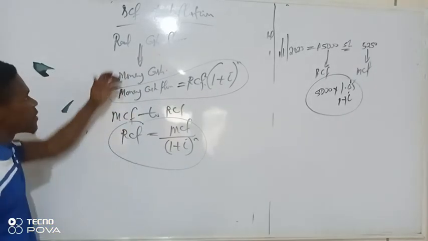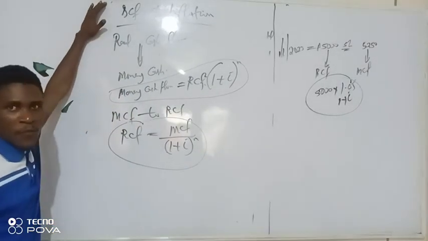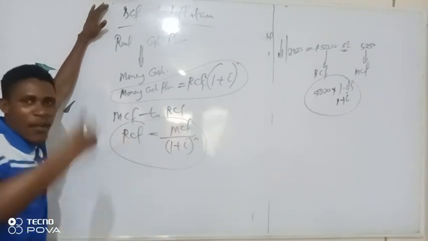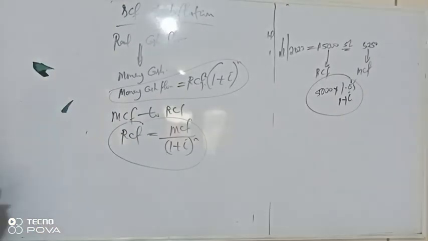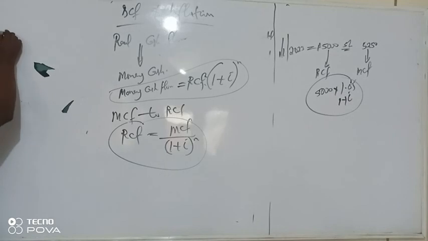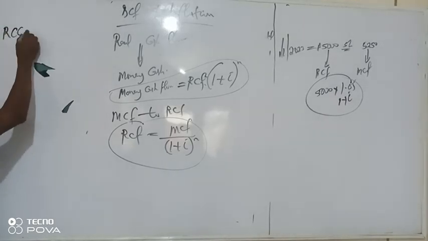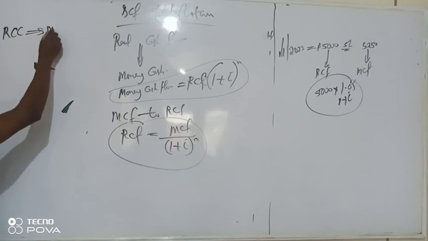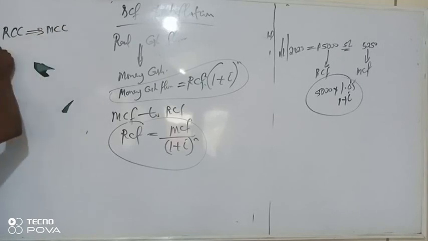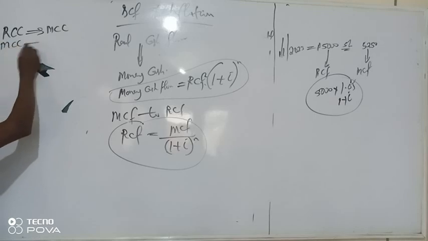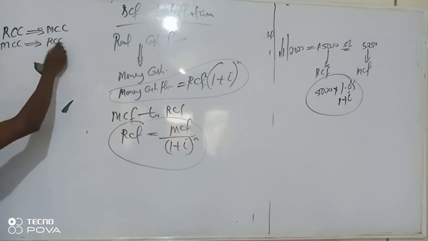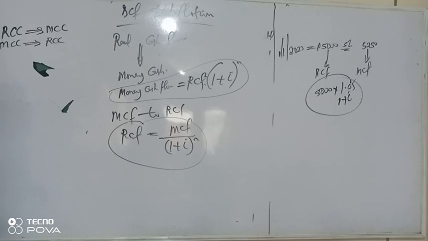So this is when you are converting the cash flow. Let's see when you are converting the cost now. If you have real cost of capital and you are trying to look for your money cost of capital, or you have money cost of capital and you are trying to get your real cost of capital, you don't need to do anything else.